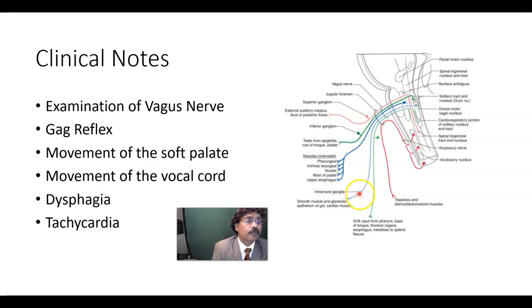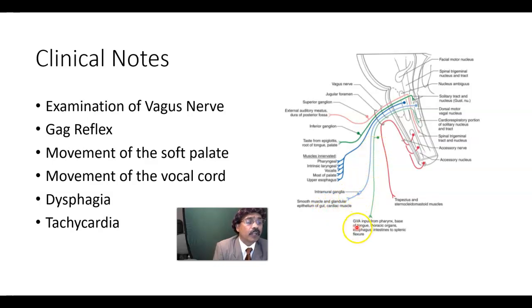This is the parasympathetic ganglion here, and the parasympathetic fiber is going to innervate the smooth muscles and glandular epithelium of the gut. Gut means from the esophagus to the right two-thirds of the transverse colon, and it also provides innervation to the cardiac muscle.